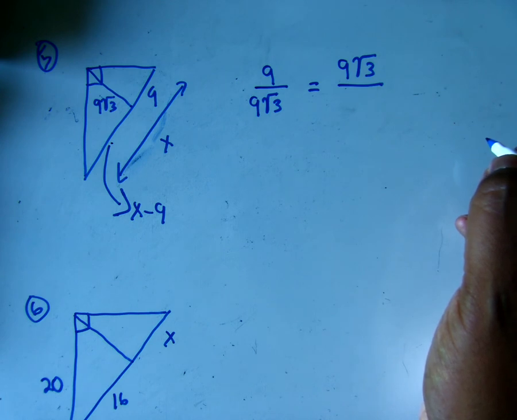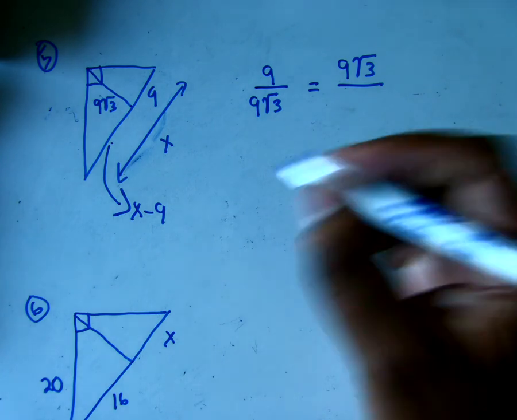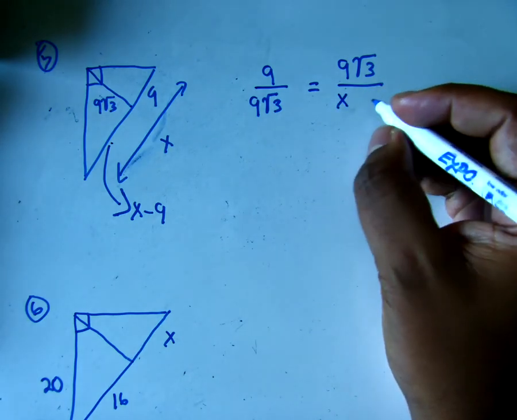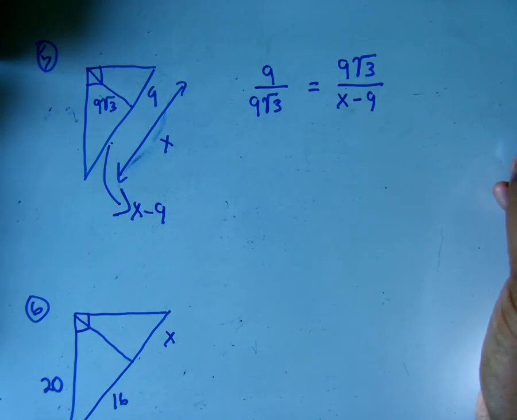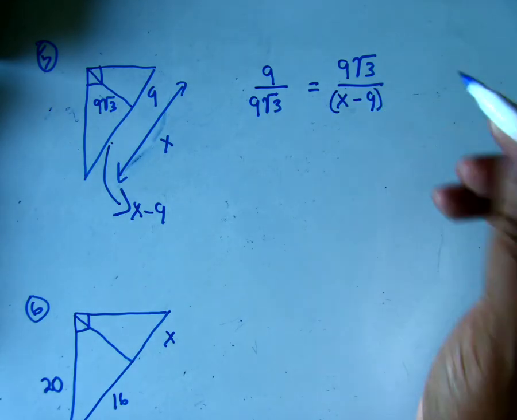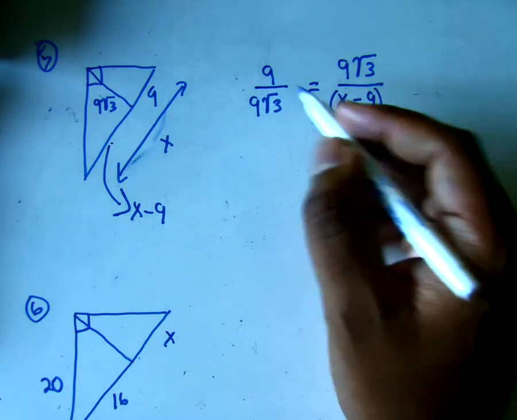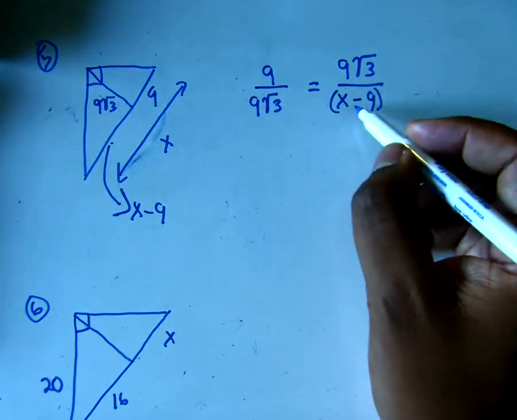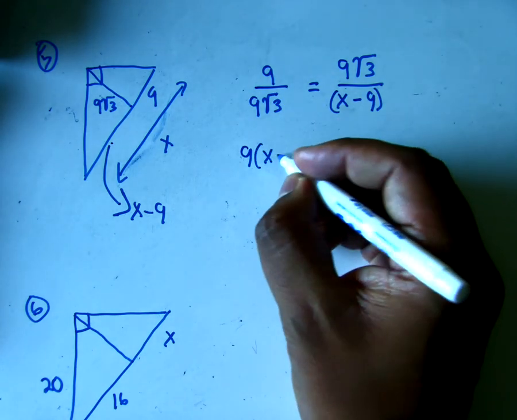X minus 9. So now that I have that, I'm gonna go ahead and place that here. And I can go ahead and set it up and work the same rules we've been doing. I'm gonna cross multiply. Here, and when I multiply this 9 times x minus 9, I have 9 times x minus 9.